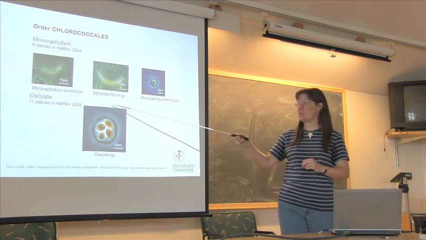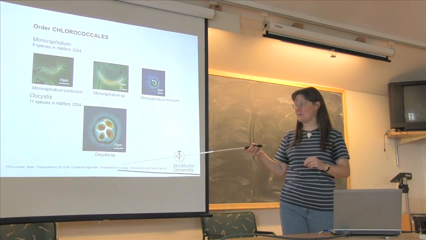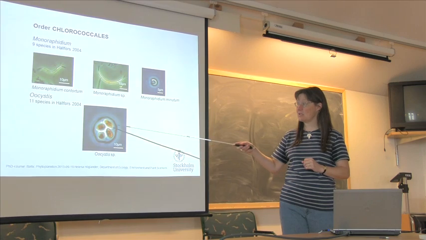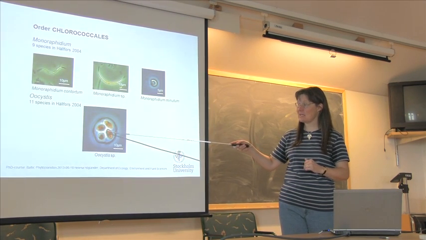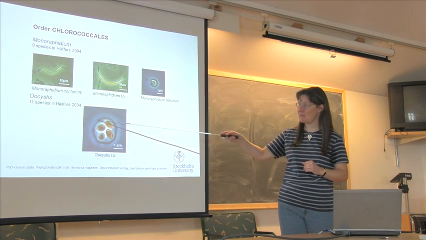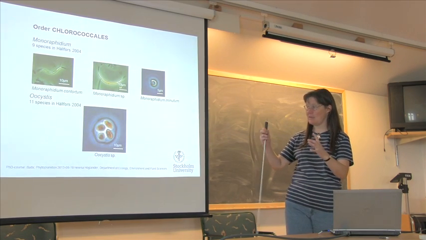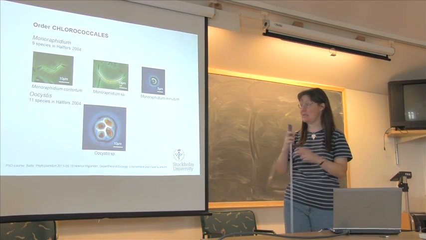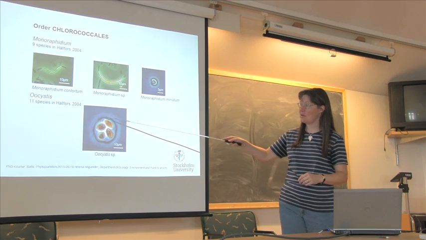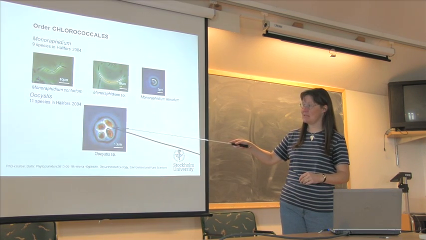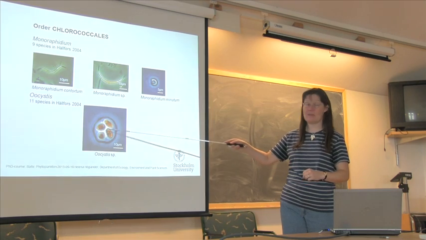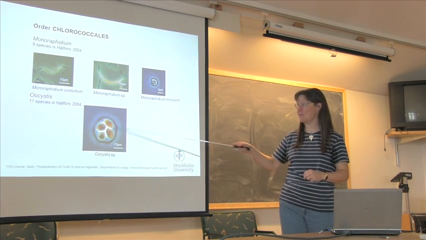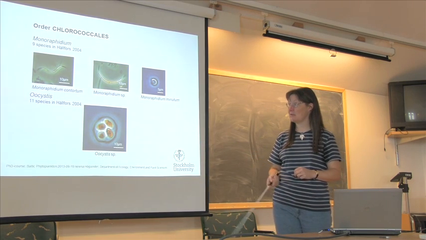And another important genus in the Baltic is Oocystis, and they usually have 4 cells. They can be dividing, and they have an envelope enclosing the cells inside. Sometimes you can have more colonies dividing into this. You can see more than 4 cells in it, or just a half colony too, if they are dividing.